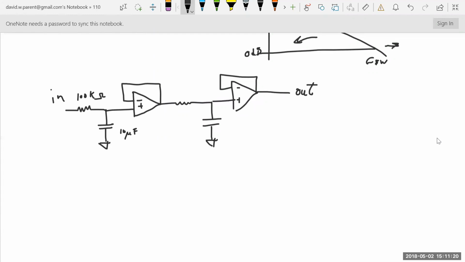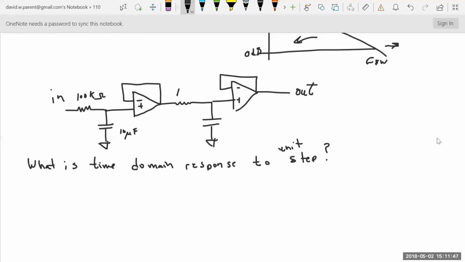So this is what we want to find out. All right.